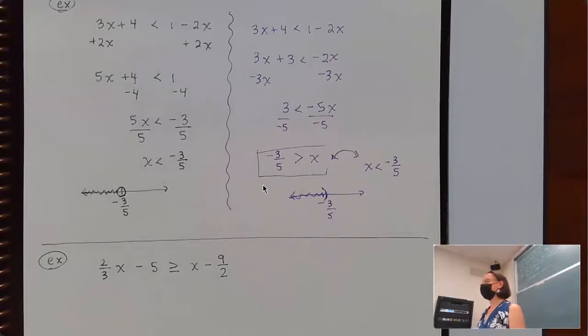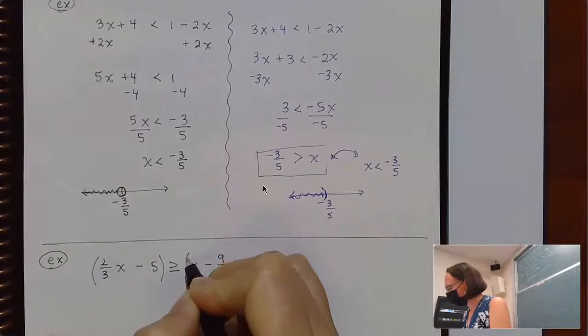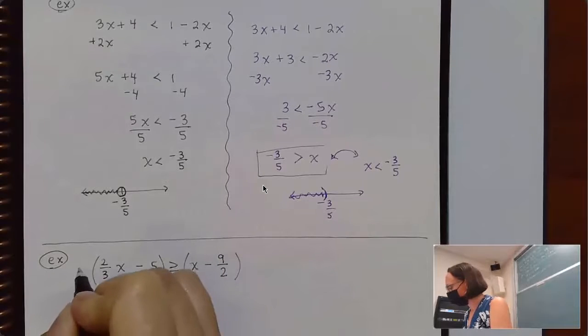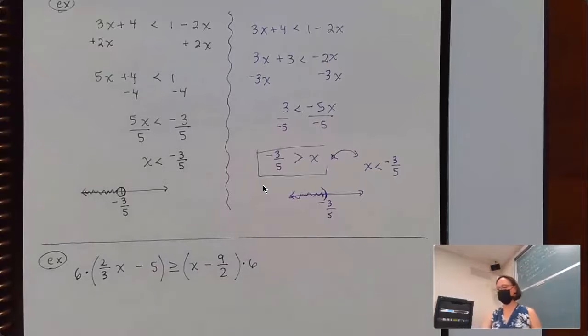And I'm like, yeah, let's multiply by something to get rid of those. So I'm going to choose to multiply both sides by 6 to make sure that we get rid of all of the denominators. So I'll give you a second to do that on your papers. But go ahead and multiply both sides by 6, making sure to distribute that out. And then you can decide which side of the equation you want your x's to end up on.